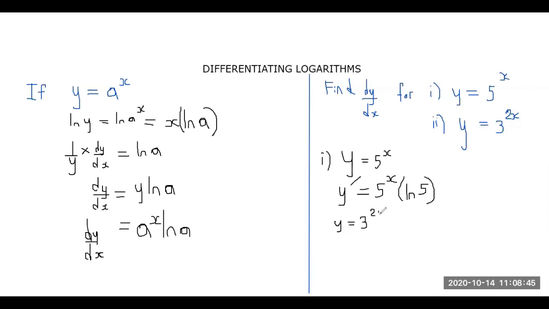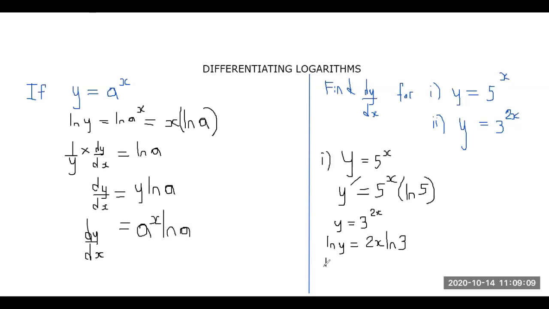Because x is being multiplied by 2, it's a little different. If you take the natural log of both sides, you see that ln y is equal to 2x ln 3, or ln 3 to the 2x, but then we can bring down the 2x the same way. So I'm just doing it in two steps in one.